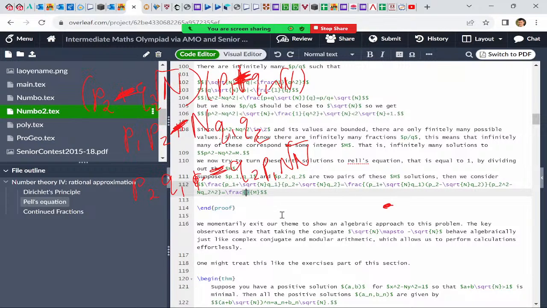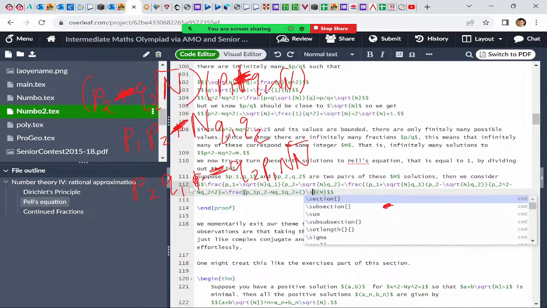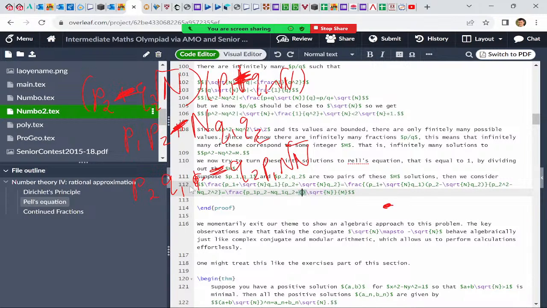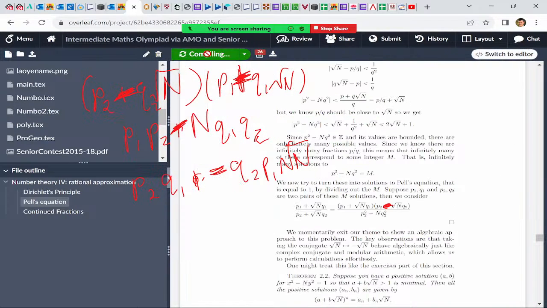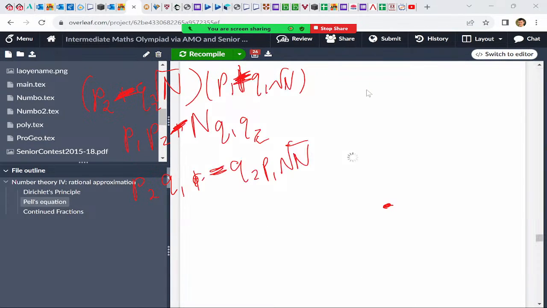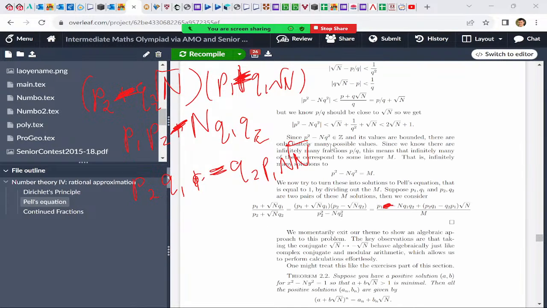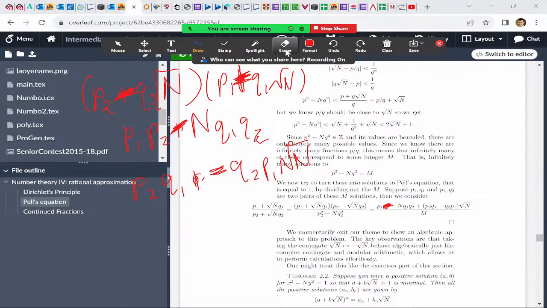And on the top we just wrote down here is P1 P2 minus n Q1 Q2 plus root n times P2 Q1 minus Q2 P1. So it's like that, yeah?